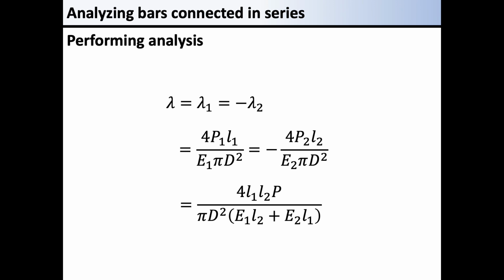The next step is calculating the displacement of the bar. The positive and negative should be carefully considered in the calculation. The positive and negative signs of displacements of the left and right parts of the bar correspond to the stresses.